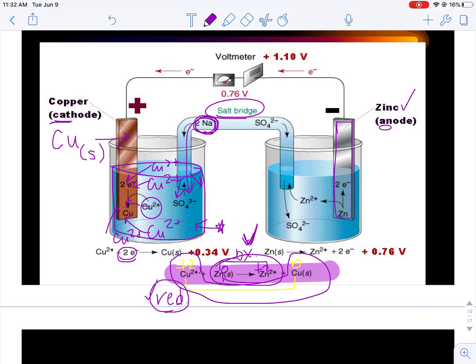The solid zinc, or the metal, is going to lose its electrons and turn into the zinc 2 plus ion. And remember, those ions are aqueous.